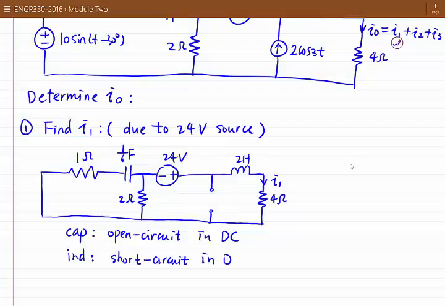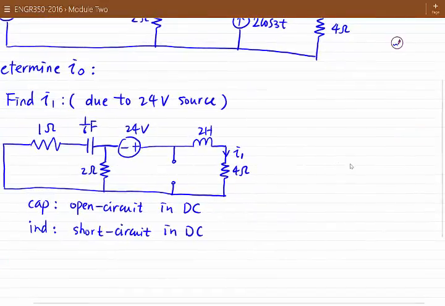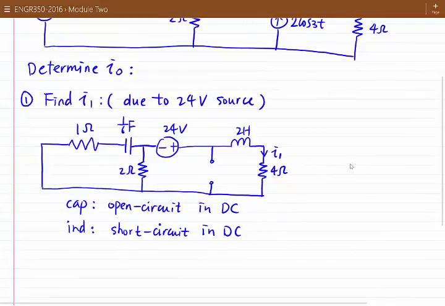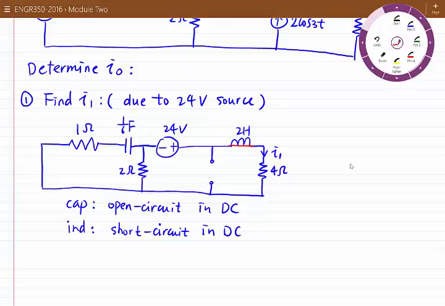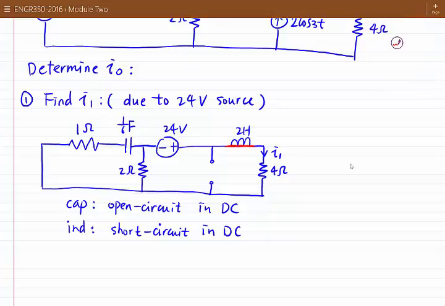In steady state, the capacitor is blocking the DC current, and the inductor is a short because the current is a DC current flowing through the inductor, and the induced voltage is 0. So it is a short circuit. So we can short the inductor and open the capacitor.